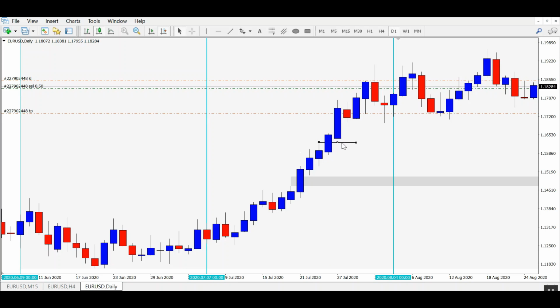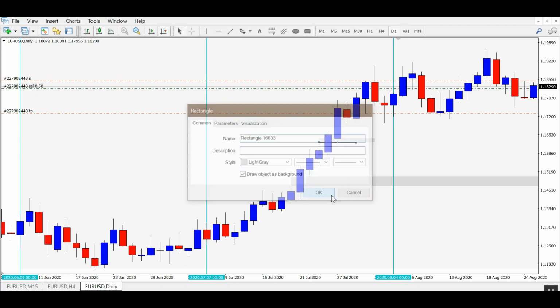Now we do have a fair value gap here, if we consider this the middle candle, then the previous day's high has not been touched by the following day's low. So we could say at this point that from the high of the previous candle till the low of the following candle, we have a fair value gap.